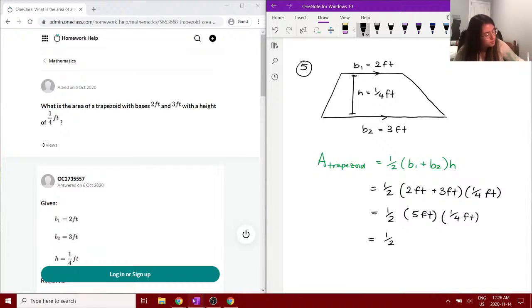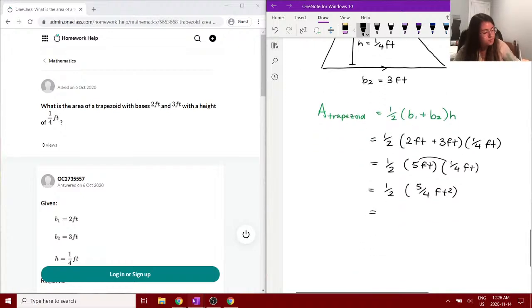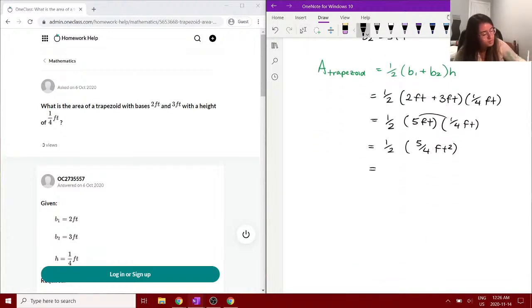Multiplying 5 feet times a quarter foot, we get 5/4 feet squared. And then multiplying by 1/2, in the denominator of this fraction we have 5/8 feet squared as the total area, okay?